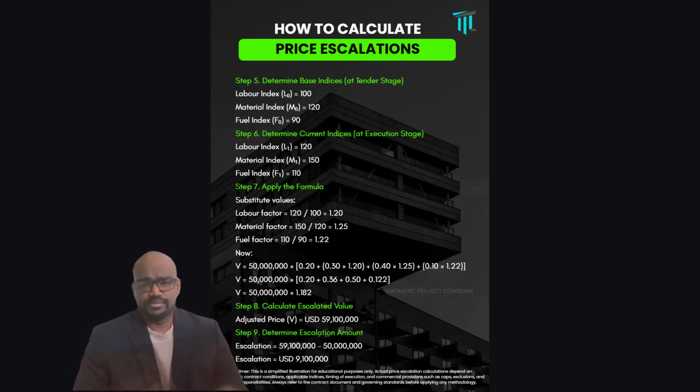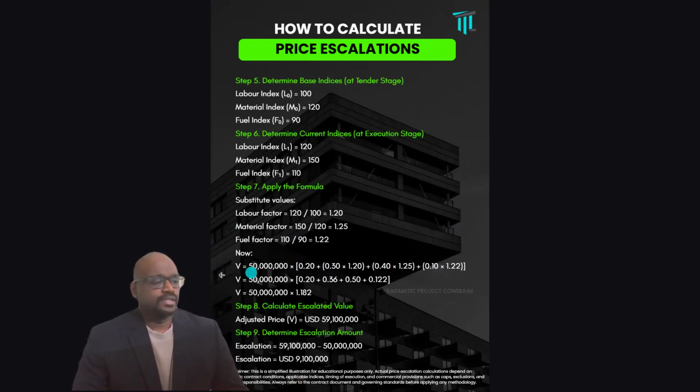Now we substitute that in the entire formula we have seen before. B is what we are working out, the adjusted contract price. 50 million is the base contract price. The 20 percent component is fixed, the 30 percent increases by 1.2 times, the 40 percent increases by 1.25 times, and the 10 percent increases by 1.22 times.